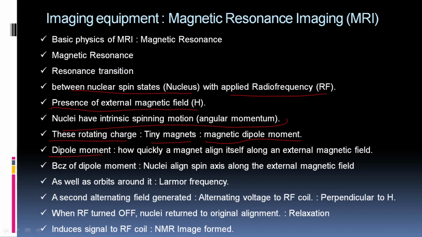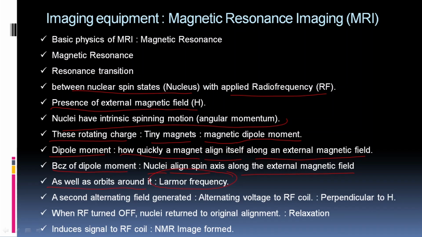Now, what is dipole moment? Dipole moment is the property by which we can say how quickly a magnet aligns itself along the external magnetic field. Because of the dipole moment, the nuclei align their spin axis along the external magnetic field and also orbit around this magnetic field axis, and this is known as the Larmor frequency.